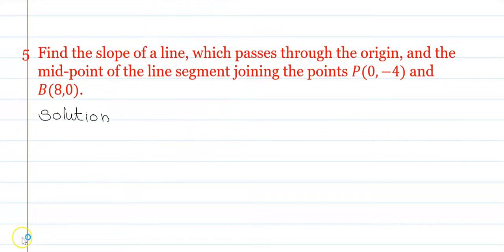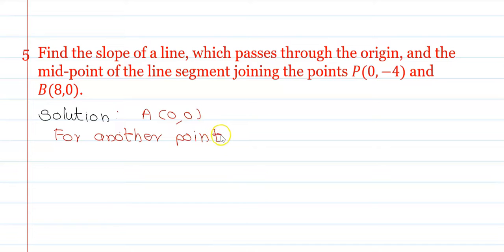Now the next problem. Find the slope of a line which passes through the origin, so we know one point, which is (0, 0), and the midpoint of the line segment joining the points P (0, minus 4) and B (8, 0). For the other point, find the midpoint of PB.